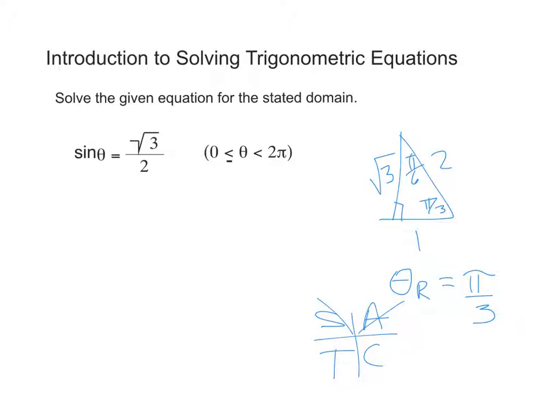So in here and in here, 1 and 2. Those two angles that have a reference angle of pi over 3 are going to be pi over 3 and 2 pi over 3. So the answer then is that theta equals pi over 3 and 2 pi over 3.